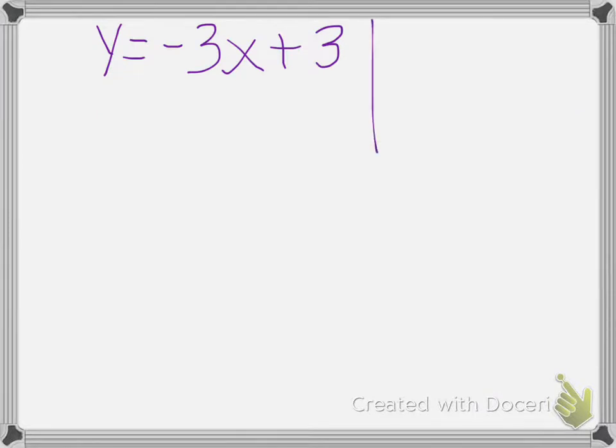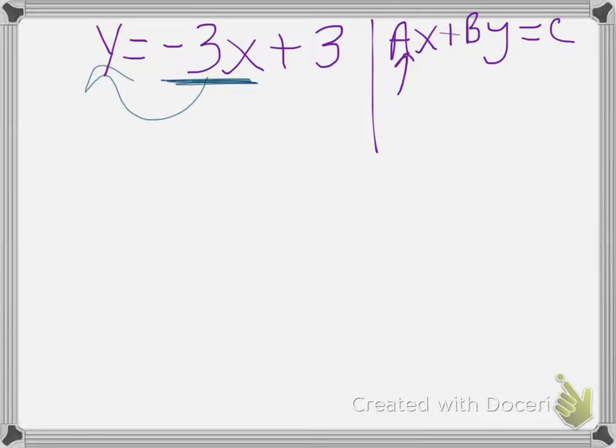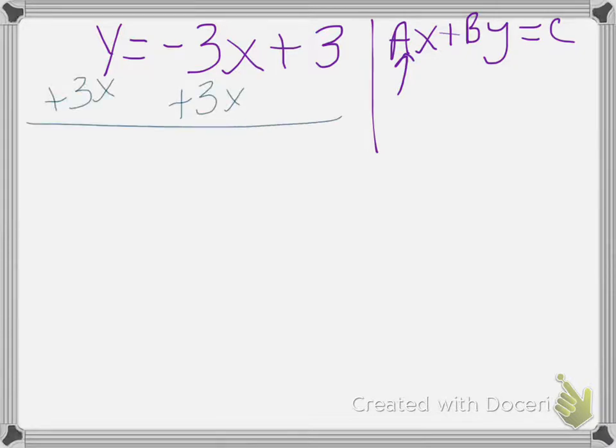Remember, standard form is ax plus by equals c. Remember, a can't be a negative and it can't be a fraction. So let's fix this. So I gotta move this 3x over here. How do you move a negative 3x? You add it. Plus 3x plus 3x.